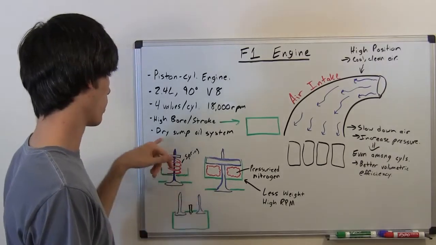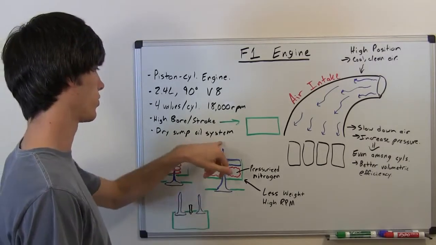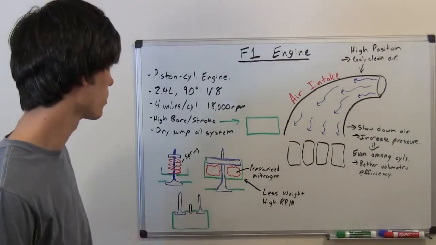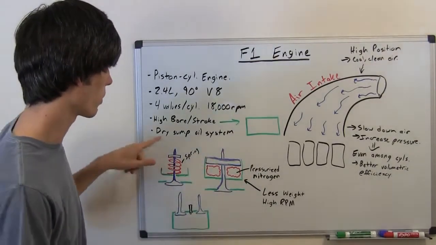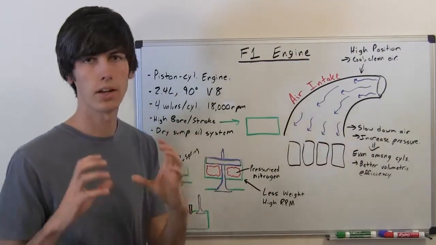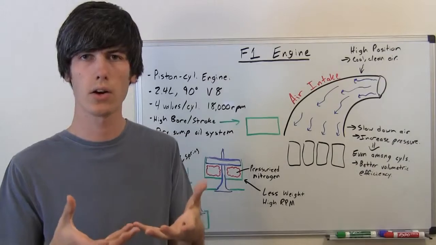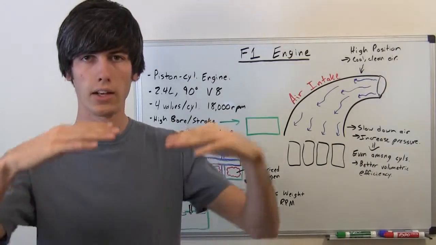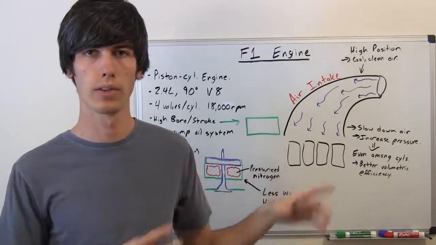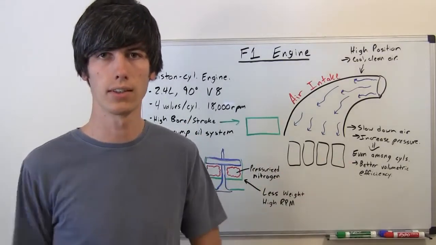So, and one more thing, it uses a dry sump oil system. Now I haven't gone over this yet, and I probably will in a future video, but just know that what that means is it takes that oil sump, which typically is underneath, you've got your oil pan in your car. Well, you take that out and you allow yourself to lower your engine, and then you put your oil tank anywhere in the vehicle that you want and just have lines leading to the engine.